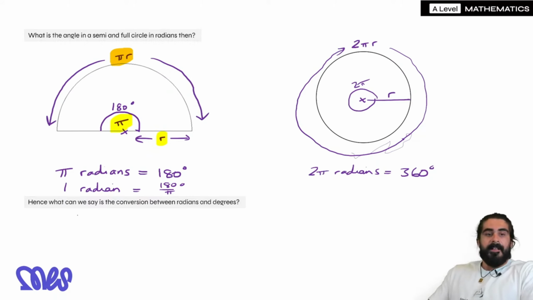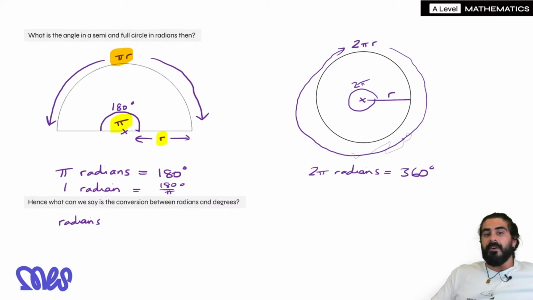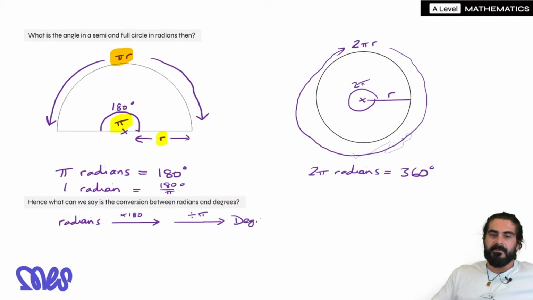So that means to go from radians to degrees, you divide by pi and then times by 180. Or you could do it the other way around: times by 180, and then divide by pi. And that will take you to degrees.